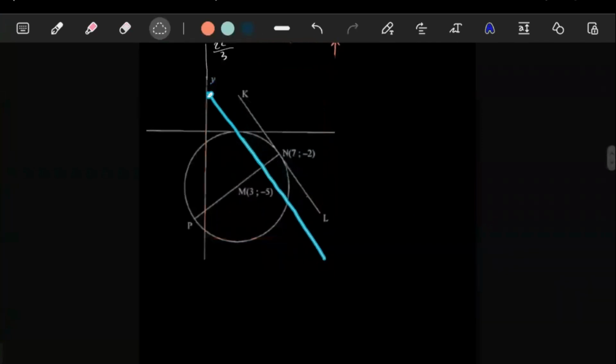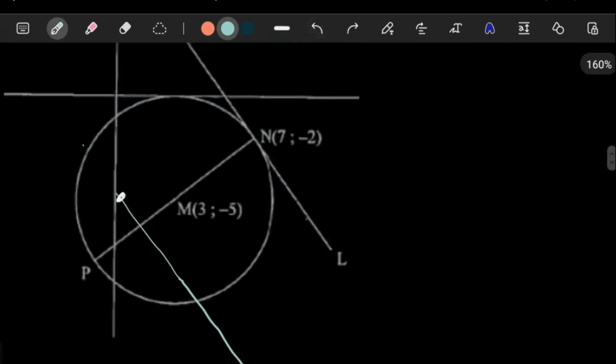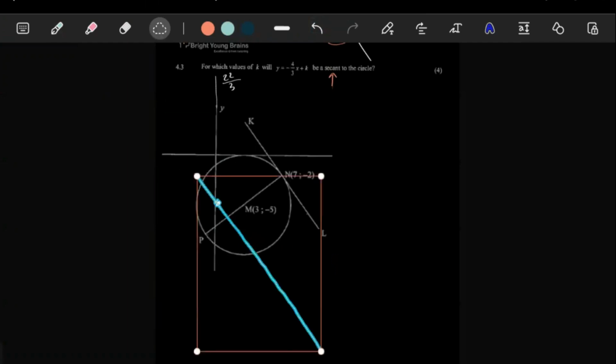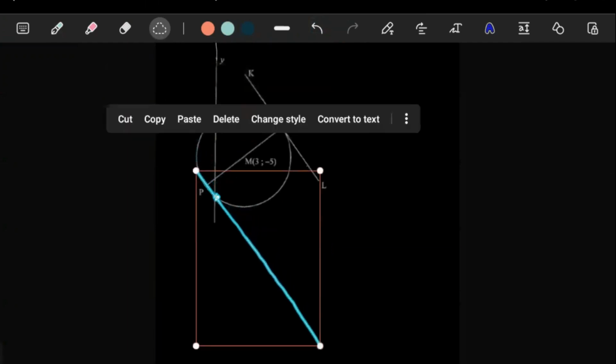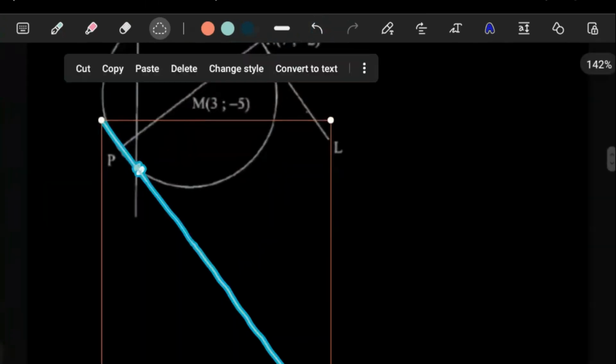And if you keep moving it downwards, it's always going to be cutting your circle. So keep in mind that it's always going to be cutting the circle all the way until your y-intercept is somewhere down here.